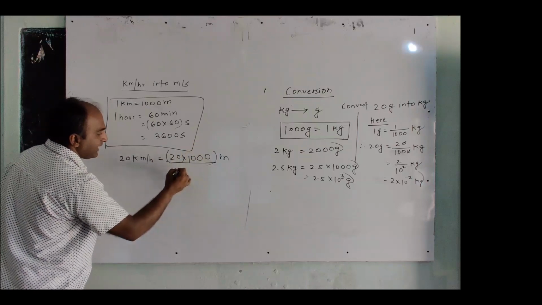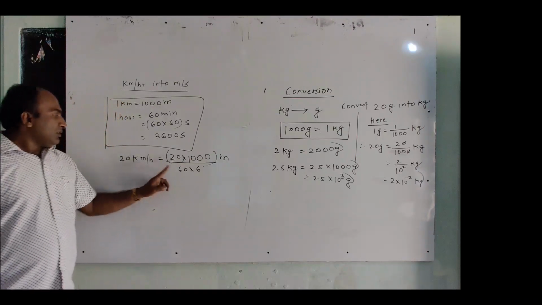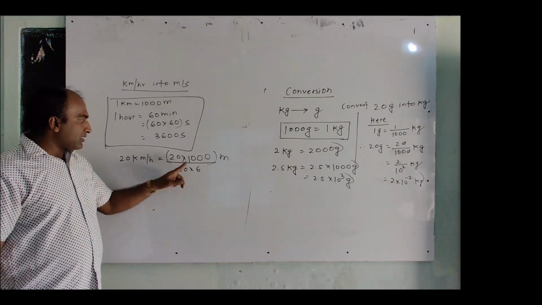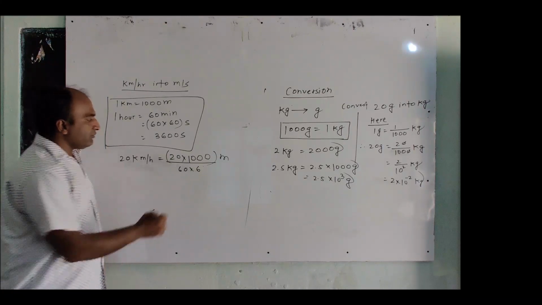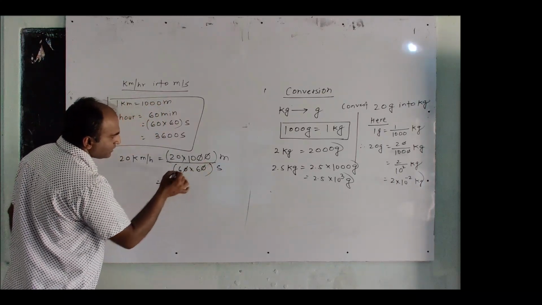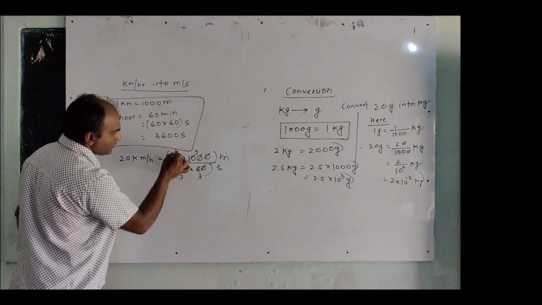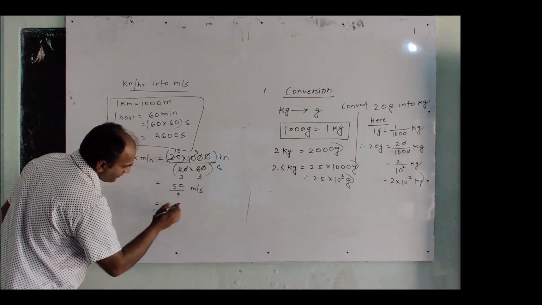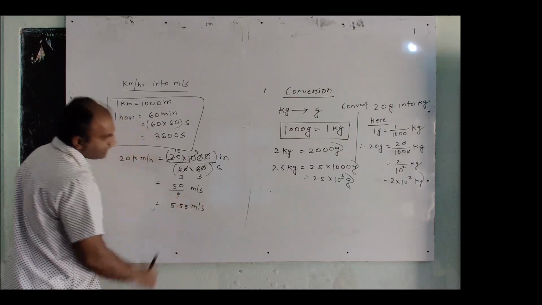To convert hour into second, we first divide by 60 to change into minutes, and again divide by 60 to convert into seconds. The zeros cancel, and this is equal to 50 by 9 meter per second.